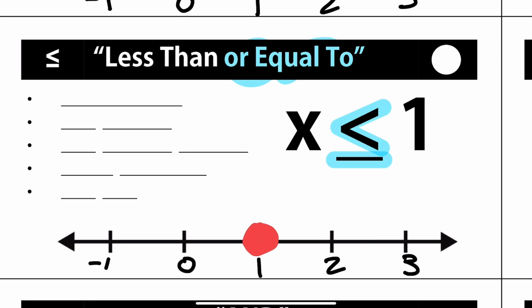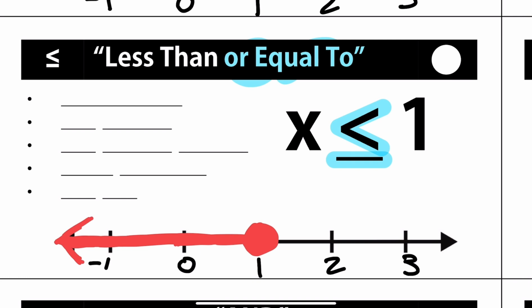Now we need to show which direction we're going in. This is going to be a less than, so I'm going to go in the smaller direction towards the smaller numbers. That's going to be this side. We're going to fill it in, bold it, highlight it, whatever you need to do. You are showing visually that our solutions are smaller than 1.